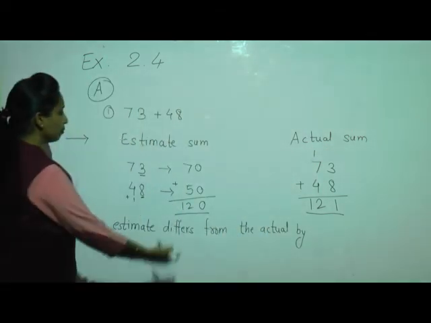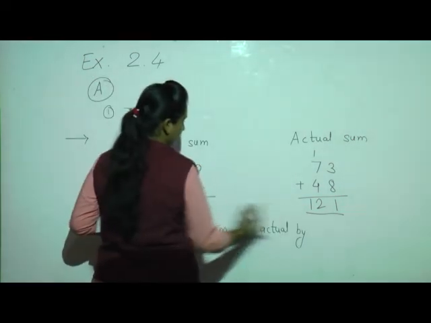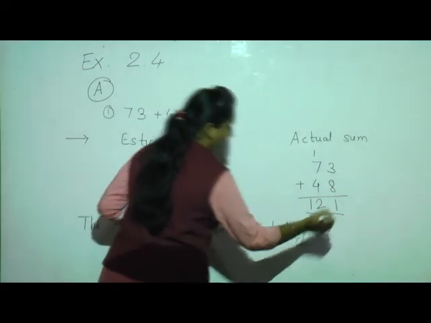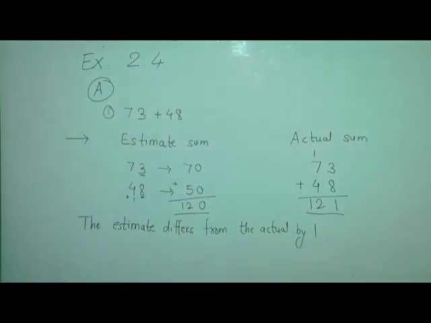See, here is 120 and here is 121. So how much difference is there? Only 1. So write here 1 and full stop. Got it? Understood? Till here clear? Yes? Very easy it is.